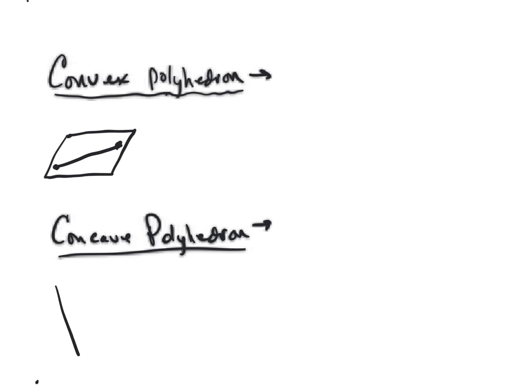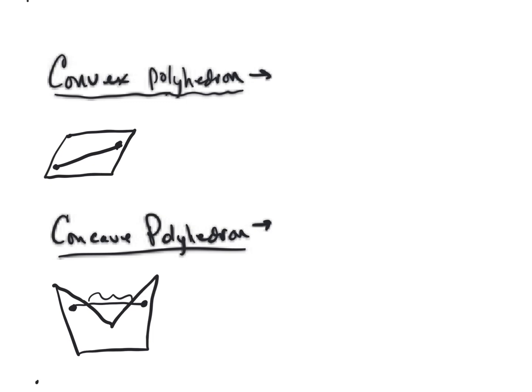Concave could be something like this, where connecting a point here to a point here, the connecting line has to go outside of the polygon. So we call that concave. Well, we have a similar situation with polyhedra.